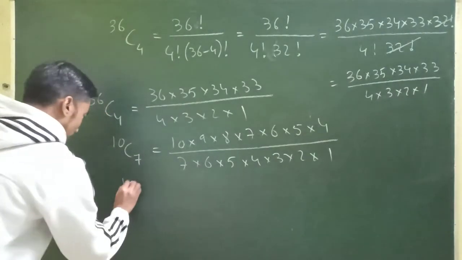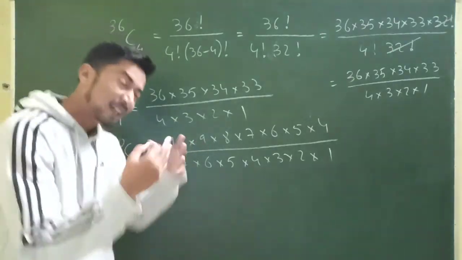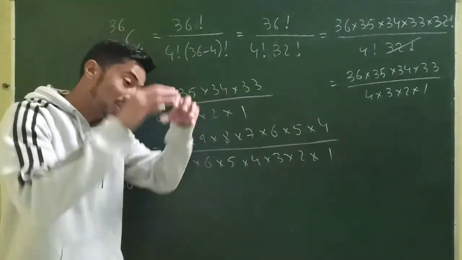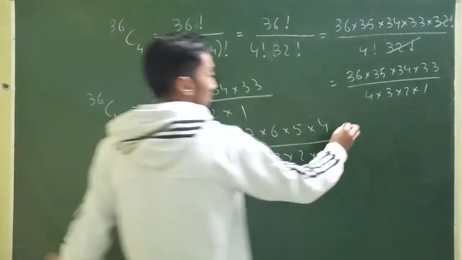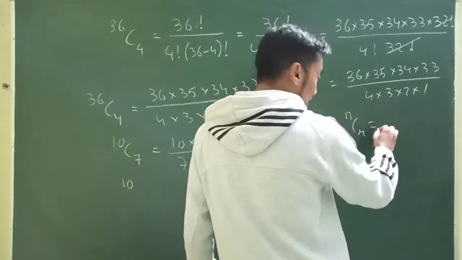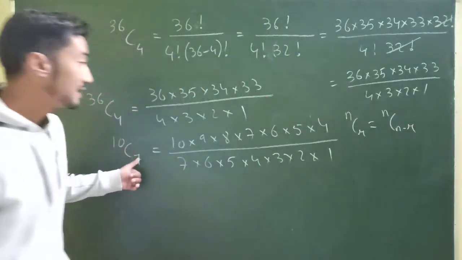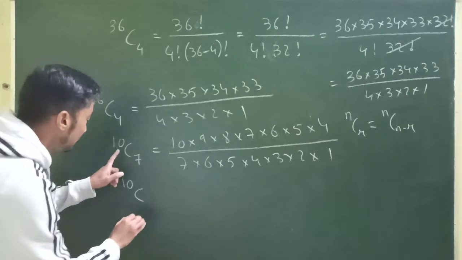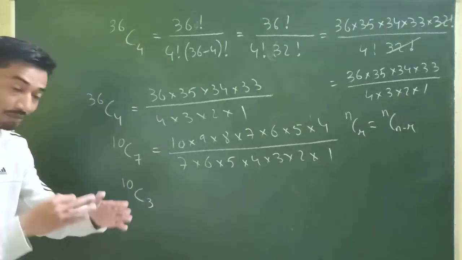Or you can use one of the theorems, that is 10C7, if you don't want to expand. If you're lazy, then fine, I'll make your job easier. If you remember the formula, nCr equals nC(n minus r), complementary combinations. So 10C7 can also be written as 10C(10 minus 7), that is 10C3, because 7 plus 3 is 10. Complementary.